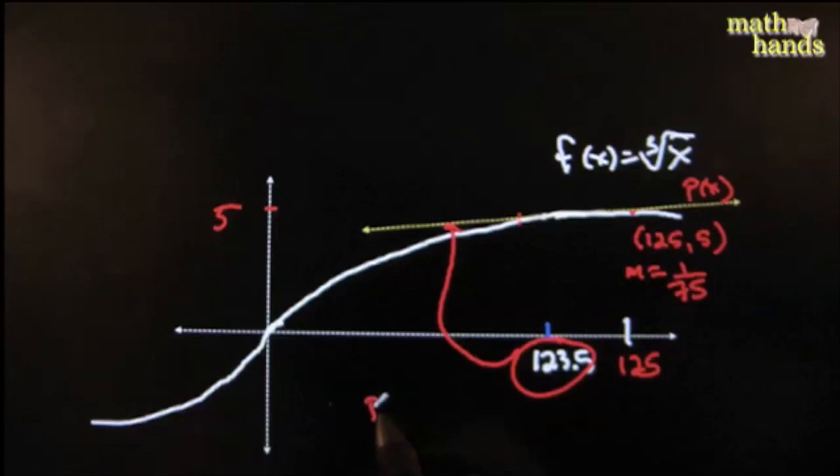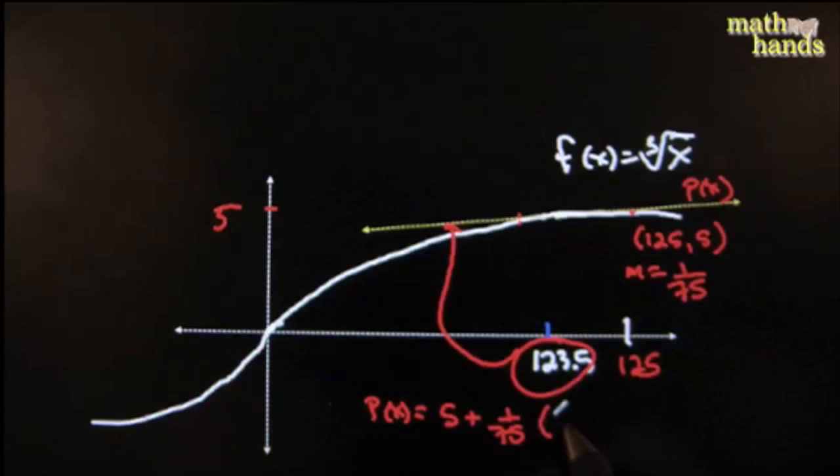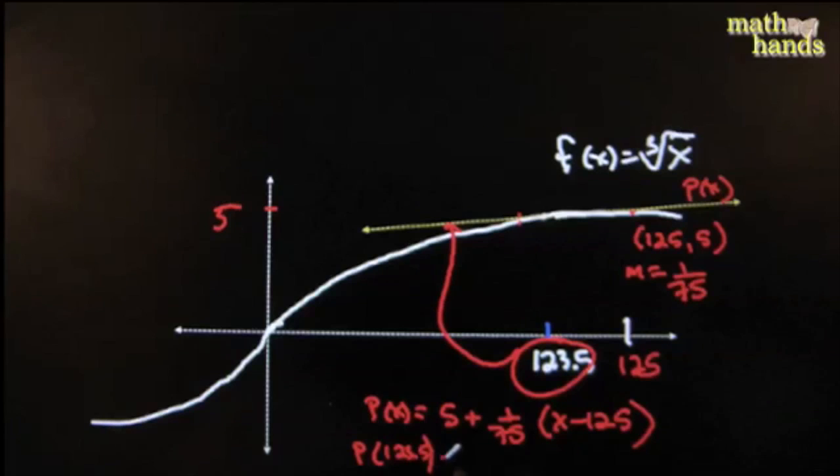So therefore my tangent line is 5 plus 1/75 times x minus 125. Just like that. And now I evaluate that at 123.5. Polynomial of 123.5. That's equal to 5 plus 1/75 times 123.5 minus 125. This is actually easy to compute.